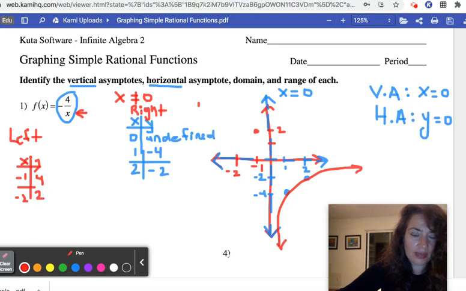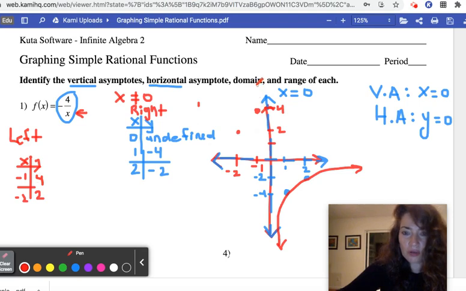So let's go ahead and put those points on the graph. Plotting the ordered pair, when x is negative 1, y is 4. So I'll put a sketch. y is 4 somewhere up here. And when x is negative 2, y is positive 2. So that will be somewhere here.